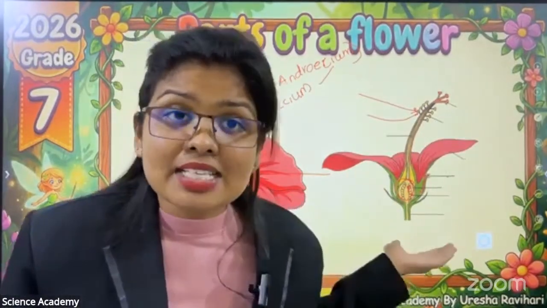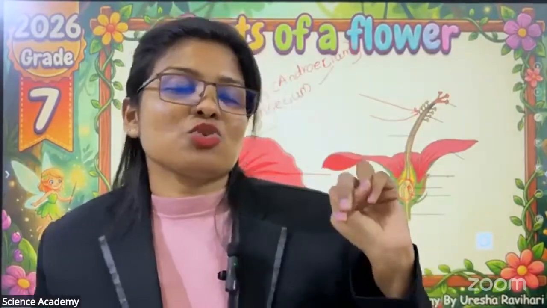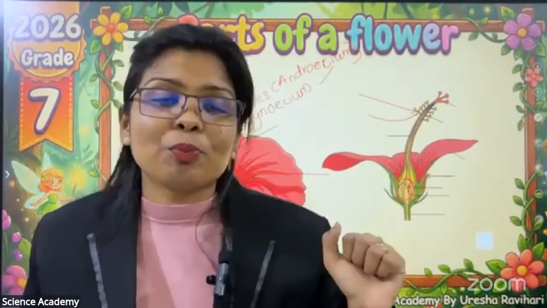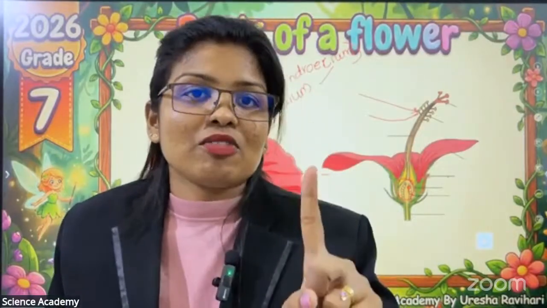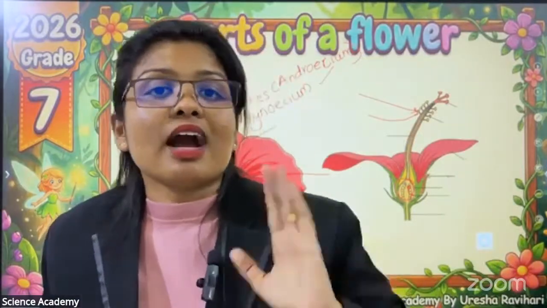Only bisexual flowers, where bi means two, have both parts. Monosexual flowers have either androecium or gynaecium.